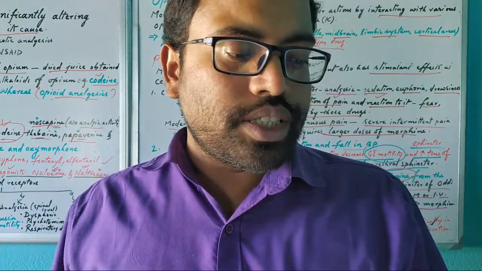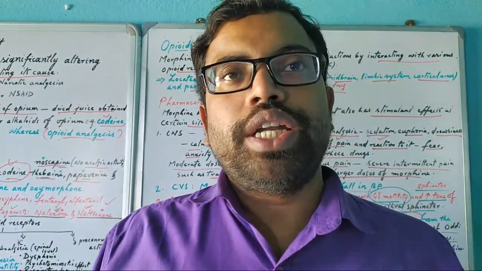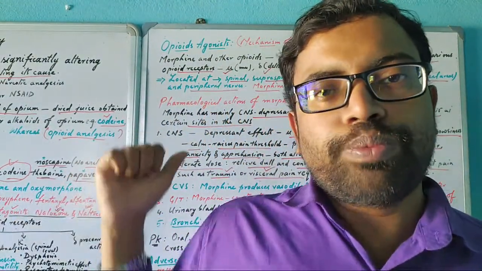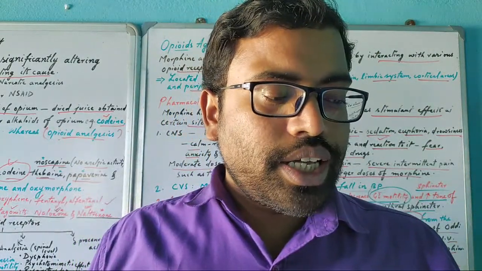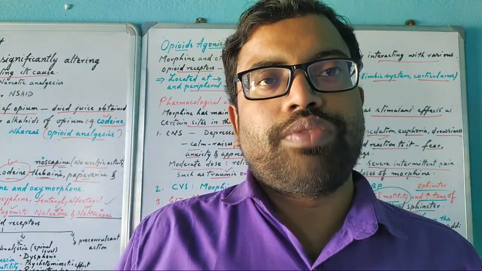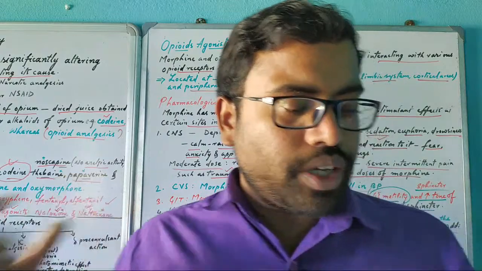So codeine has analgesic and cough suppressant effects. It is a less potent analgesic, but morphine is a more potent analgesic. Codeine also has less respiratory depressant effect, but morphine has more respiratory depressant effect. Okay.